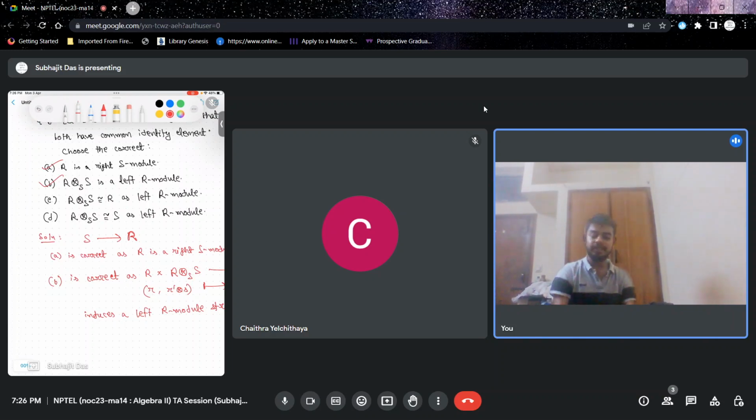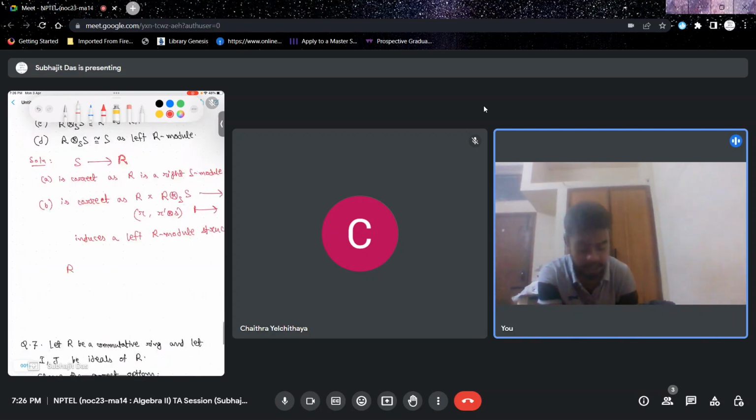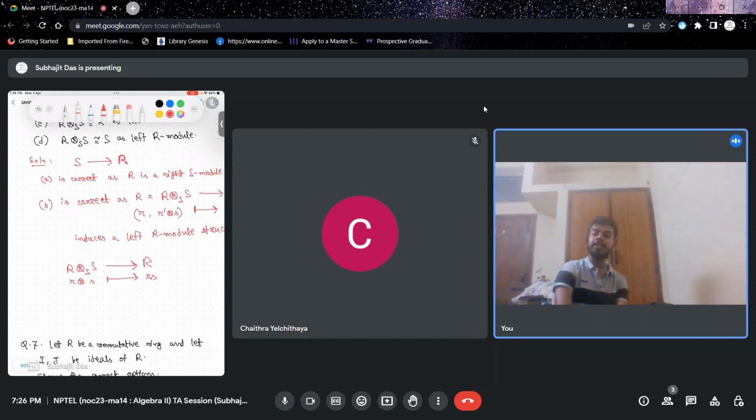Indeed, the isomorphism that I was talking about, this map R tensored over S with S to R, sending r tensored with little s to rs, you can check that this map is not only S linear, it will actually be R linear. And that is precisely because of the way the R module structure on the domain has been defined. So let's call this map F.